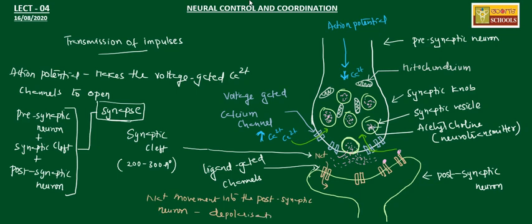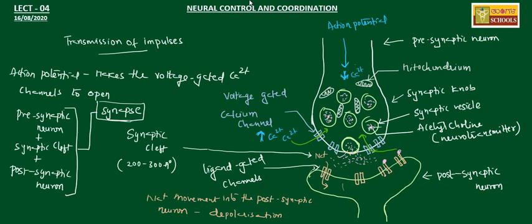Now, we know action potential is that point where the membranes are depolarized. So that from the presynaptic neuron is now passed to the postsynaptic neuron. And in this way, from neuron to neuron, the nerve impulse gets transmitted.